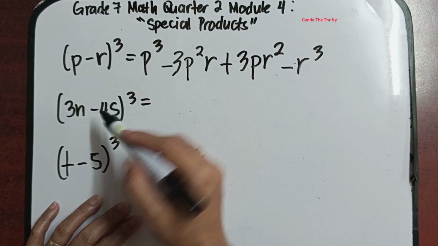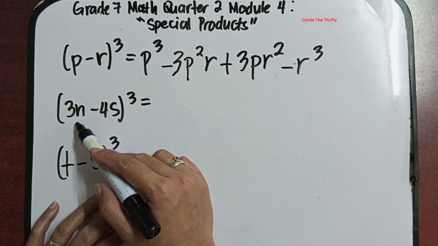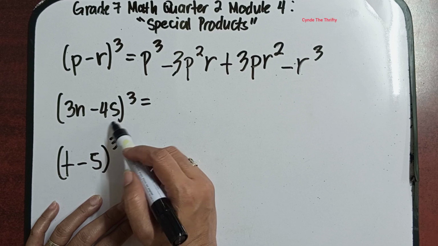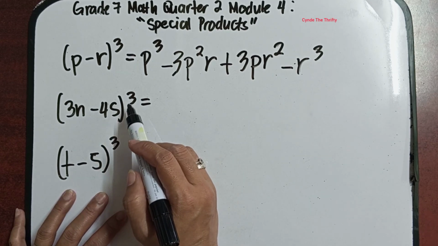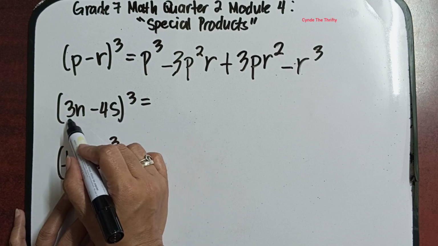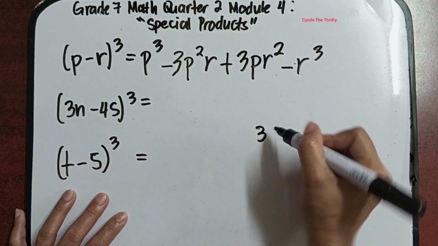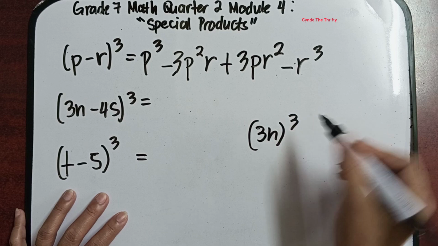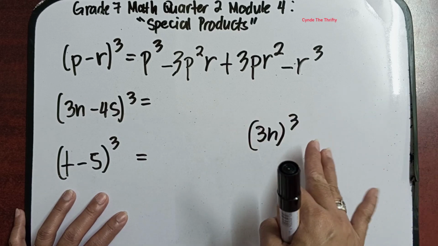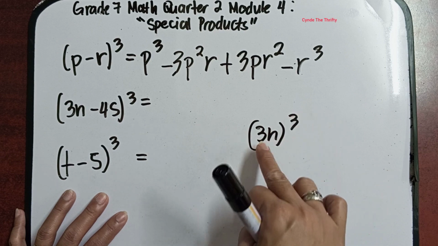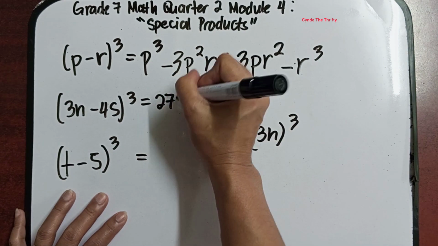So, dito naman tayo sa merong constant or merong mga number. (3n minus 4s) cube. Okay, ang first step, i-cube natin yung first term. So, (3n) cube is equal to 3 times 3 times 3 kasi cube. So, 3 times 3 equals 9 times 3 equals 27. So, 27n cube.